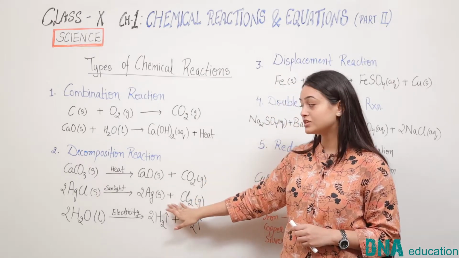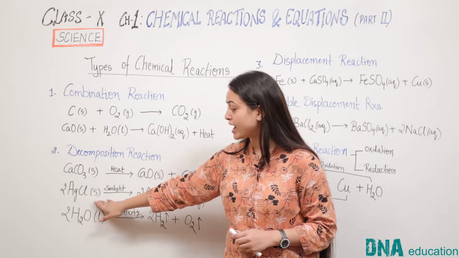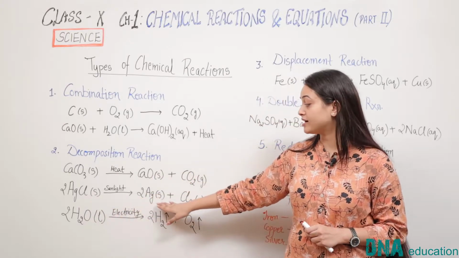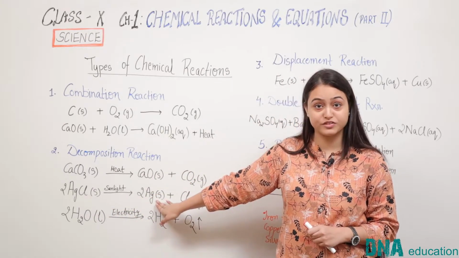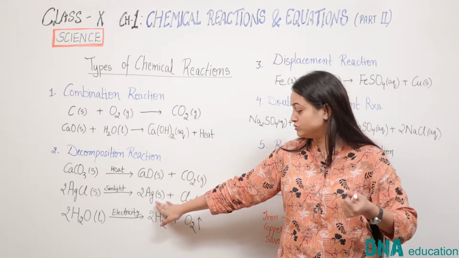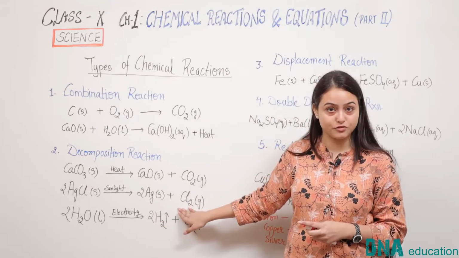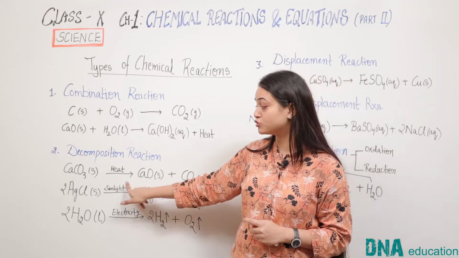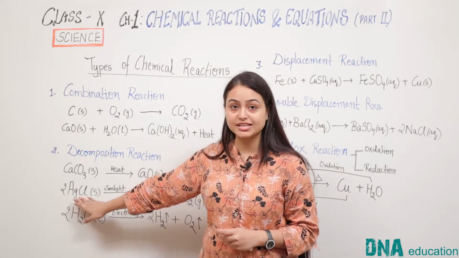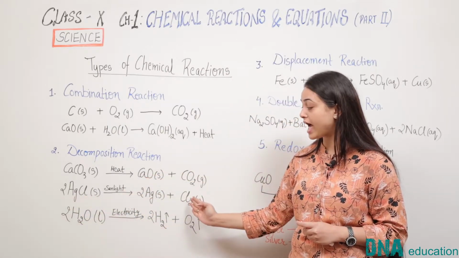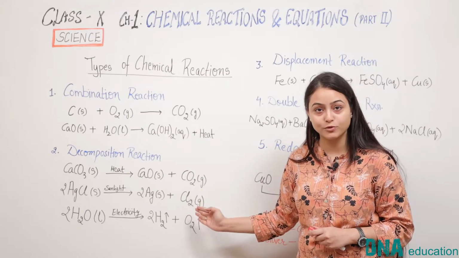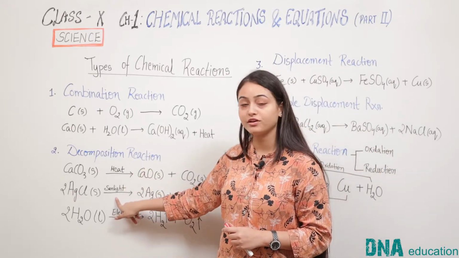This is because of this reaction. When silver chloride is kept in sunlight, it converts into silver, which is a blackish color compound, and chlorine gas evolves. So here we see that with the utilization of sunlight, AgCl breaks down into silver and chlorine. Again, a decomposition reaction with the help of sunlight.